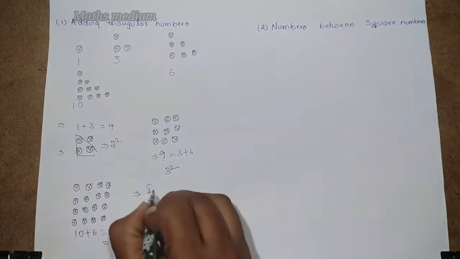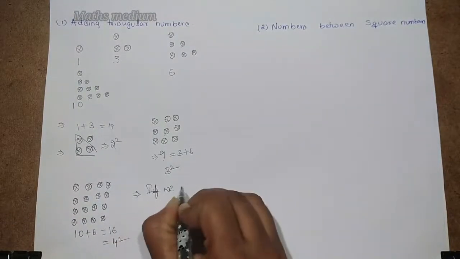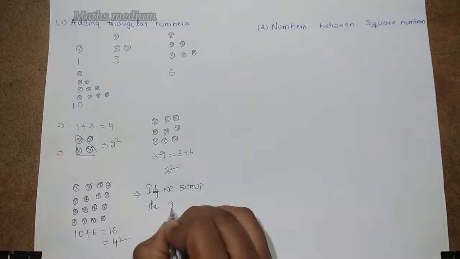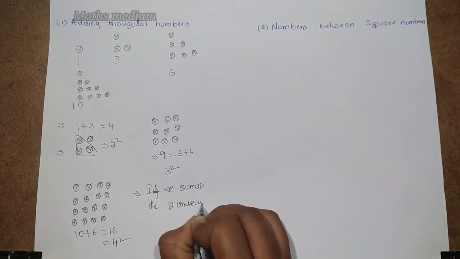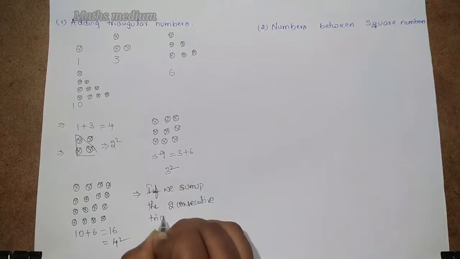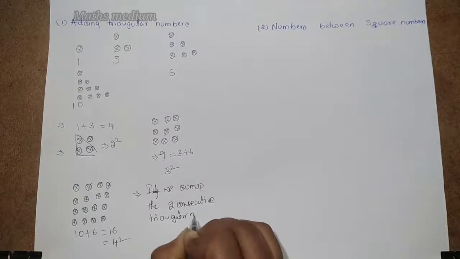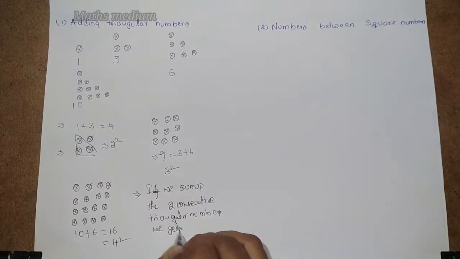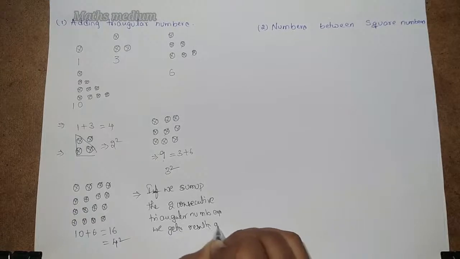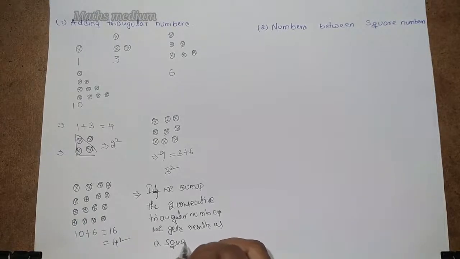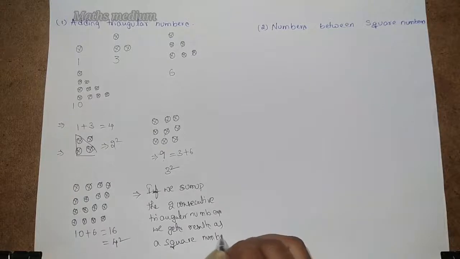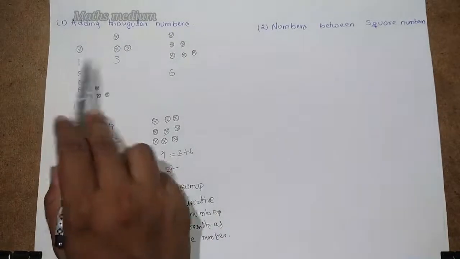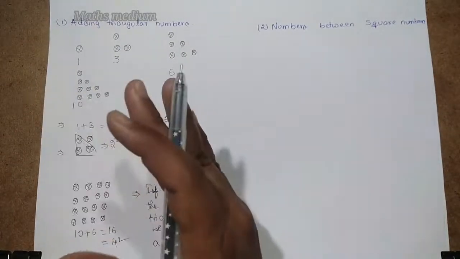That is, if we sum up two consecutive triangular numbers, we get a square number as the result. This is one of the best properties of a square number. See, if you add consecutive triangle numbers, then we will get a perfect square.